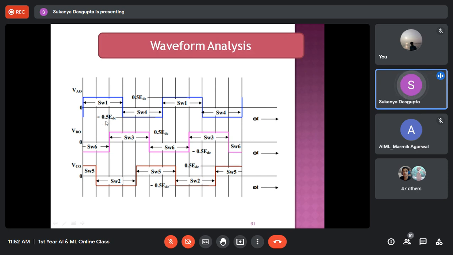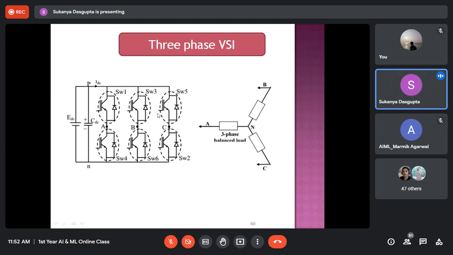Just after 120 degrees from SW1, SW3 will be under conduction, and after another 120 degrees SW5 will be under conduction, because 1, 3, 5 are the top switches of this inverter topology.